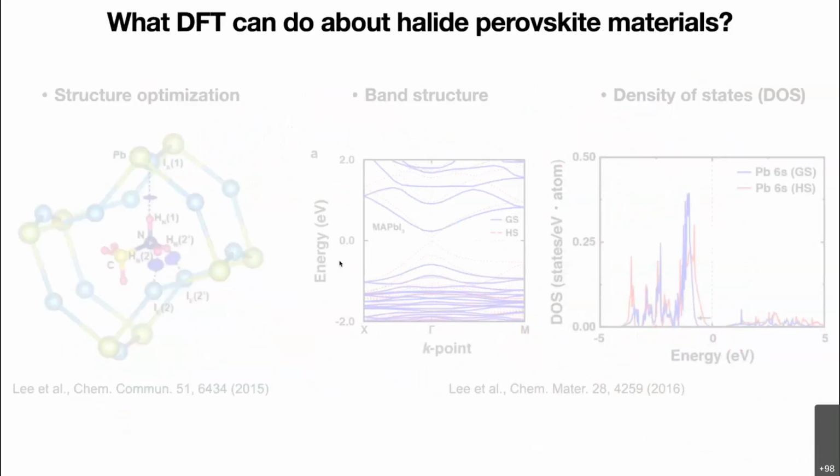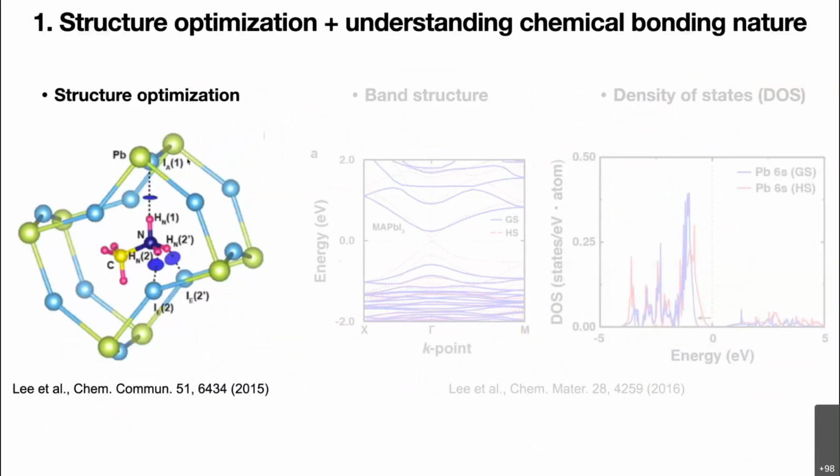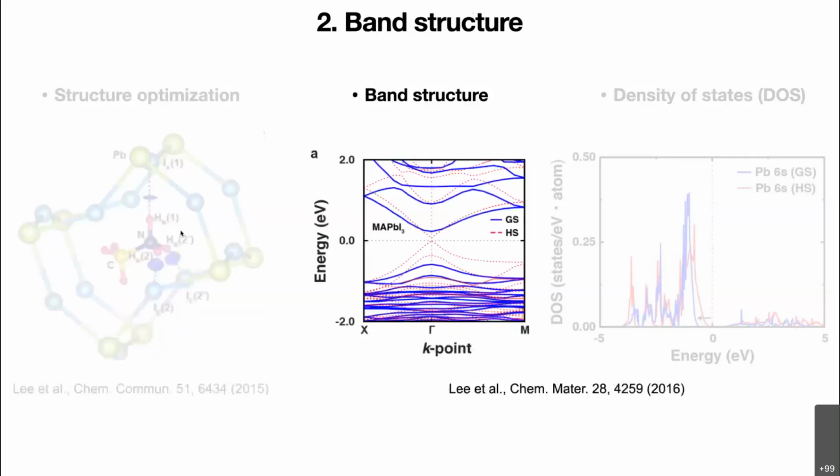Okay, and then I will show you some of my DFT results for different applications. First of all, using DFT calculations, we optimize our structures, something like this, and can look at some chemical bondings here and here. There are some hydrogen interactions here, and we can understand the chemical nature inside materials.